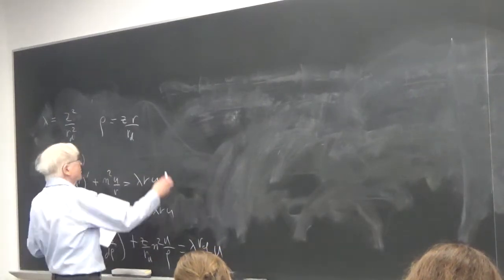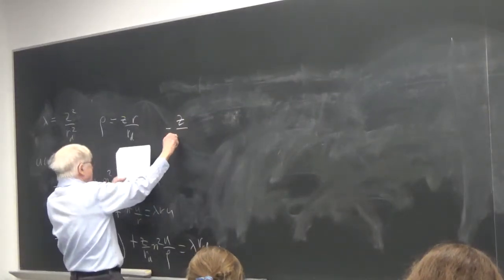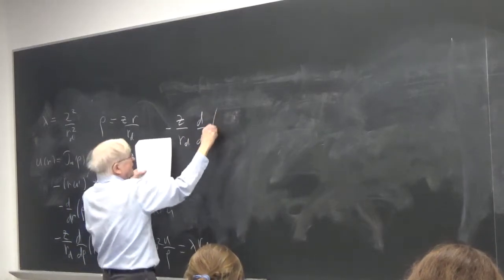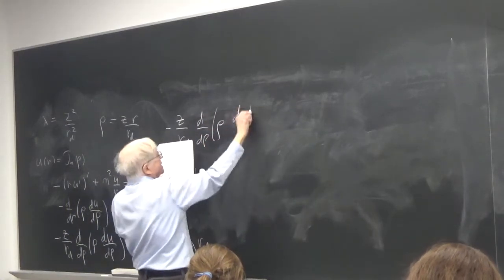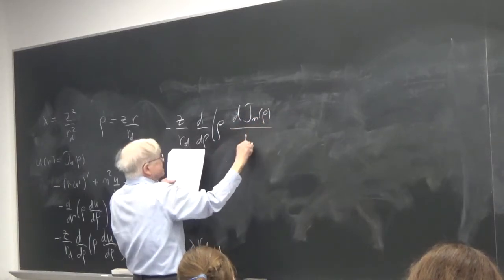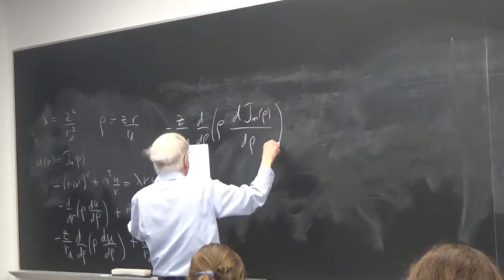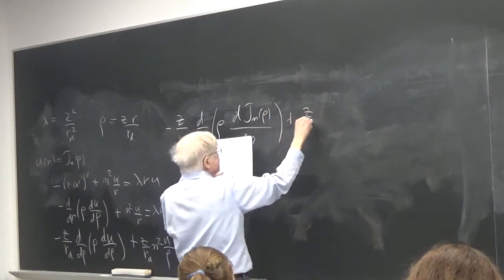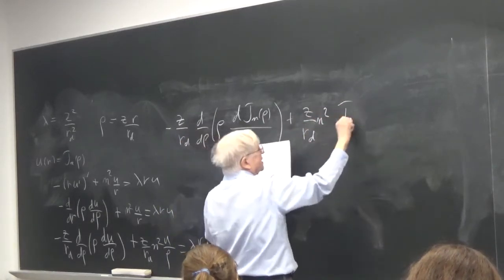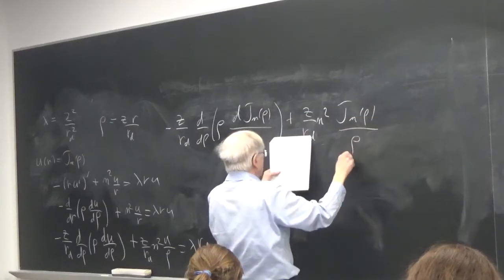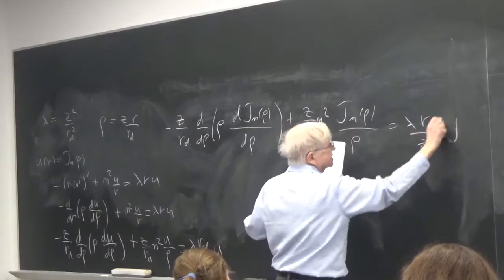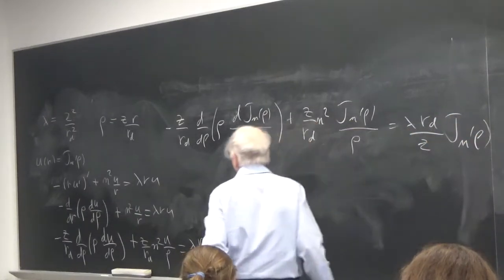And so that means that what we have is minus z over R_d d/d rho of rho dJ_n of rho over d rho, plus z over R_d n squared J_n of rho over rho is lambda R_d over z J_n of rho.